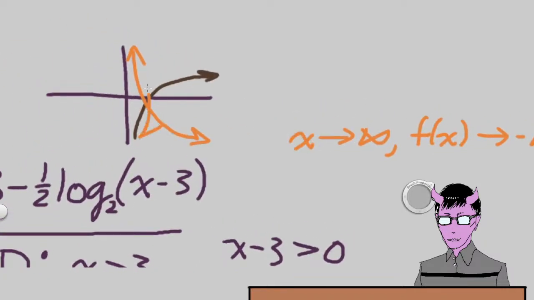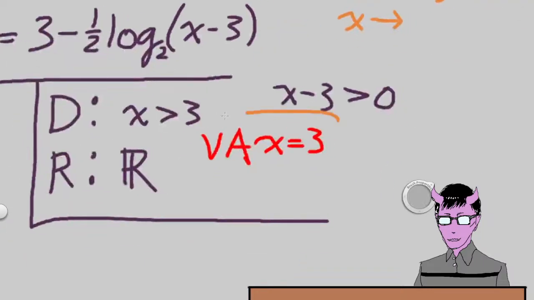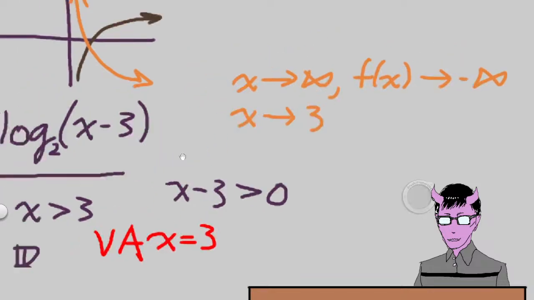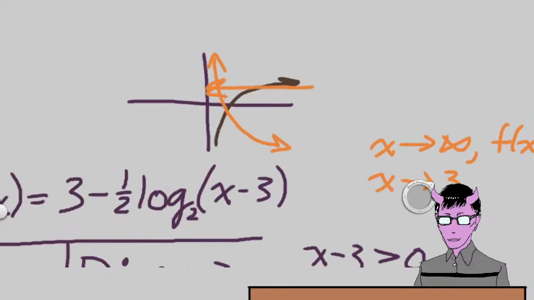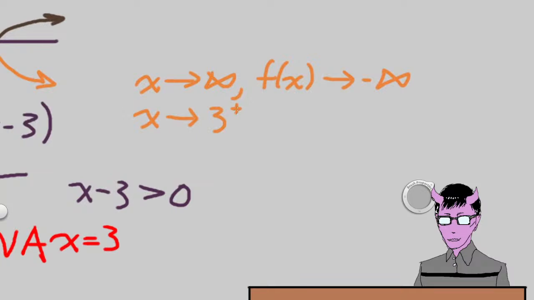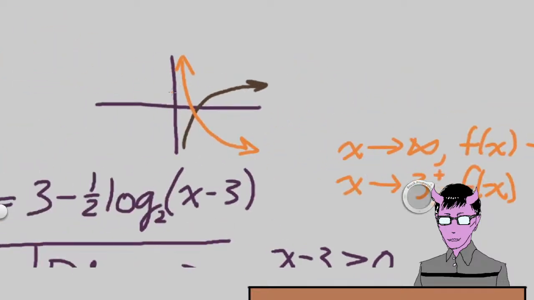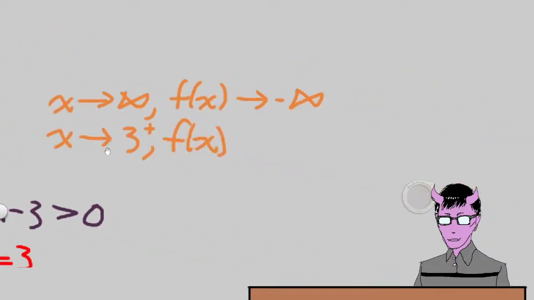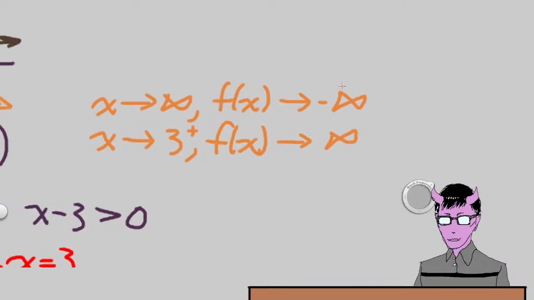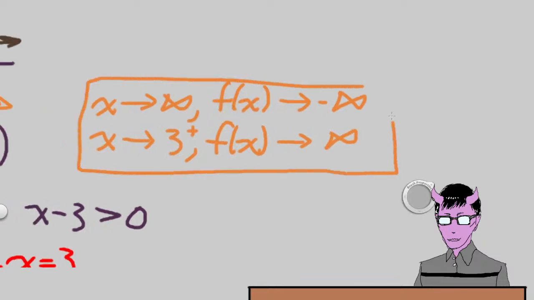And then as x approaches the wall, what's the wall? That's the wall. And we're approaching the wall from this location, so from the positive side, from the plus direction. What's happening to our y trends? The y explodes upwards. And thus we have the end behaviors.